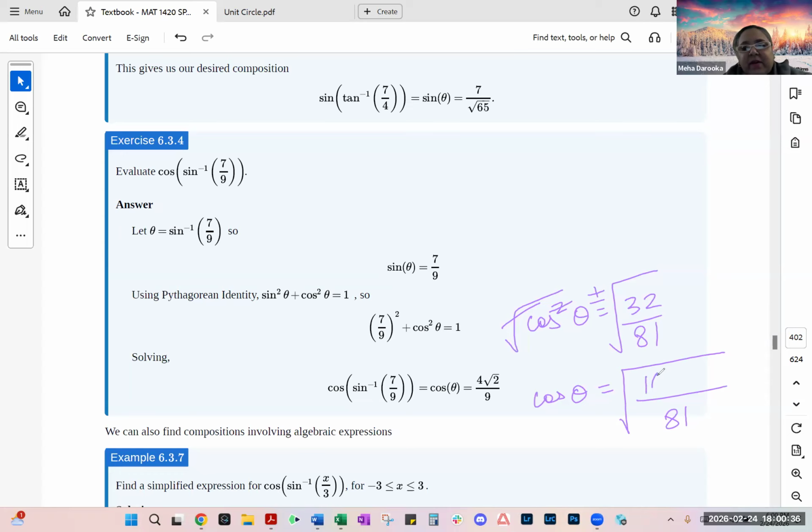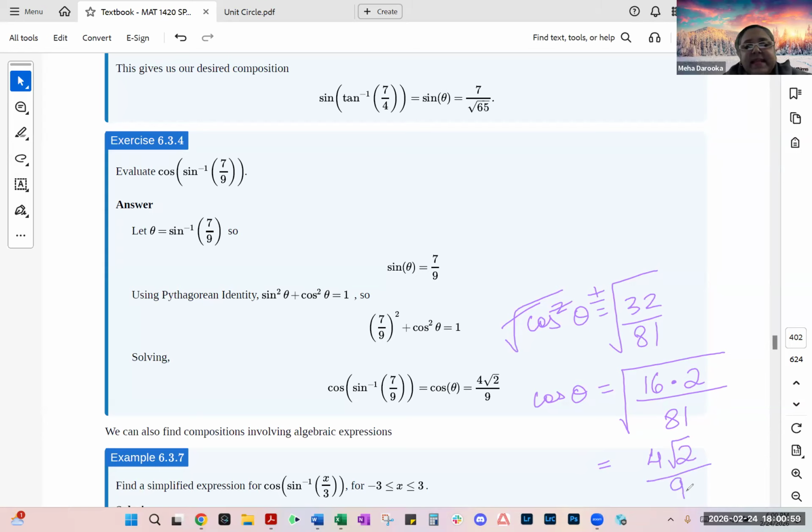So if you think about it, we can rewrite 32 as 16 times 2. 16 is a perfect square, so you can actually simplify this into square root of 16 is 4. Square root of 2 will stay under the radical, right? Because 2 is not a perfect square. And then square root of 81, of course, is 9.